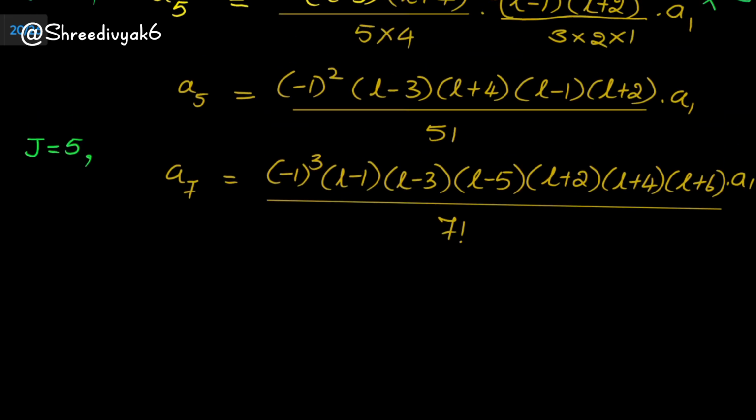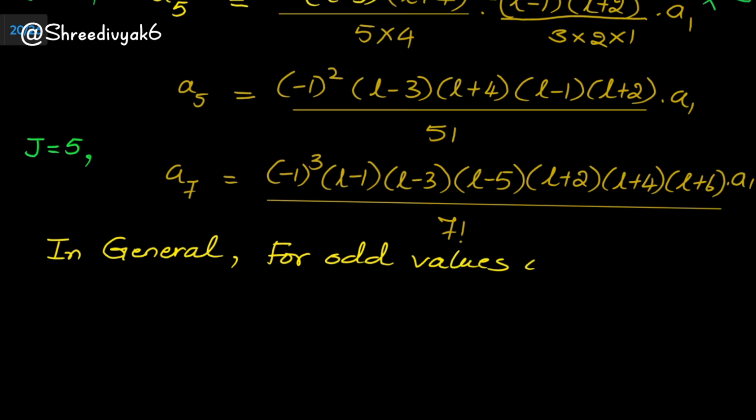So in general, I can write the power series for odd values of j. Do you want me to write it for A8? A8 you had in the power series, even power series.